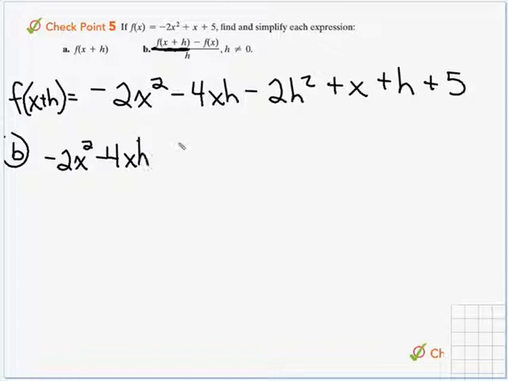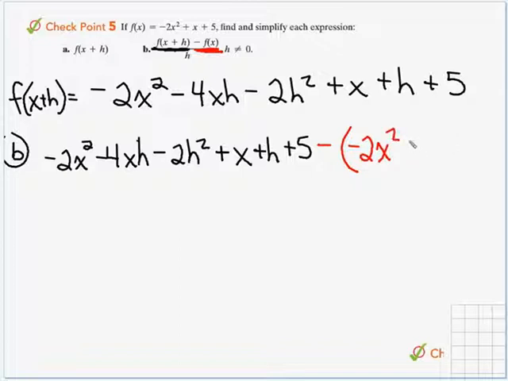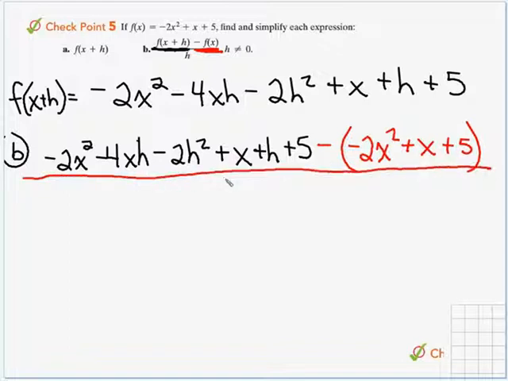Now to finish the numerator of the difference quotient, we're going to minus f of x. So minus the original function f of x. Don't forget we are subtracting it as a quantity, so it gets its own set of parentheses. And this is all over h.